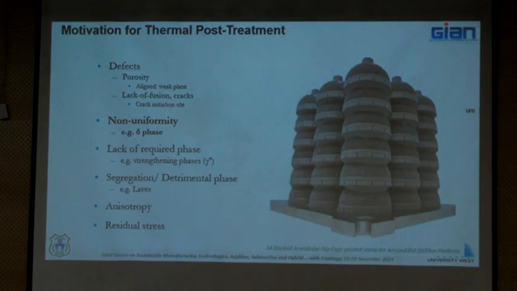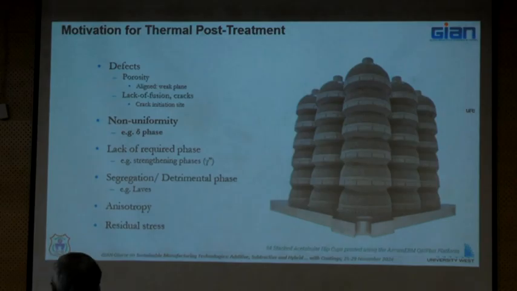Sometimes it could be non-uniformity, right? If we build a part like this, for example, we find that the phase constitution is a little bit different at different locations, because each location has seen a different thermal history, right?